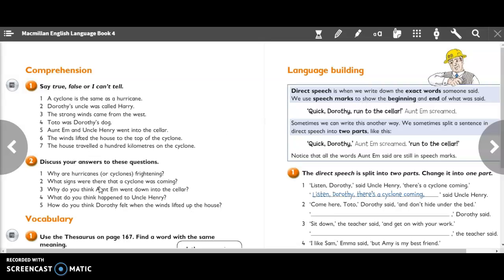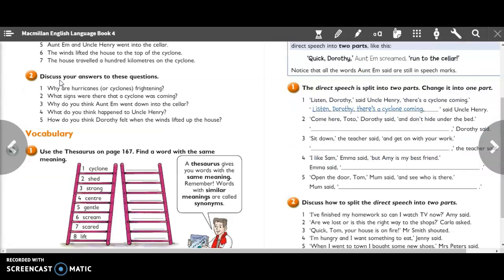With regards to exercise 2, discuss your answer to these questions. Now I know that some of you are doing your homework on your own, but not everyone is. So those of you who have someone next to you or who can maybe borrow a brother or a sister, you can discuss these with them. Why are hurricanes or cyclones frightening?